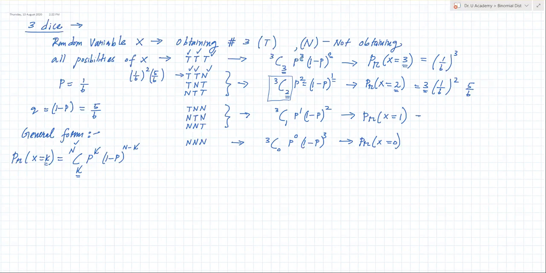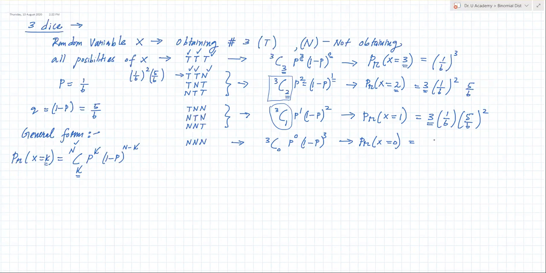Similarly, this one is 3 times 1 divided by 6 and 5 divided by 6 squared. And why is it 3? Mathematically, it's because of this, but if you visualize this, there are 3 sets here. Now this one would be P0, meaning 1 divided by 6 to the power 0.